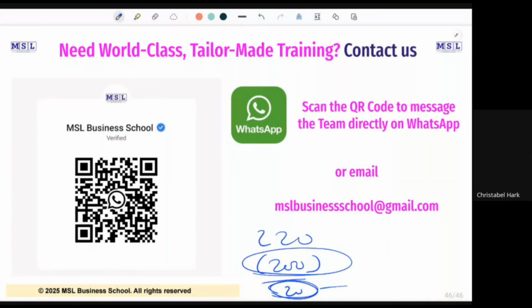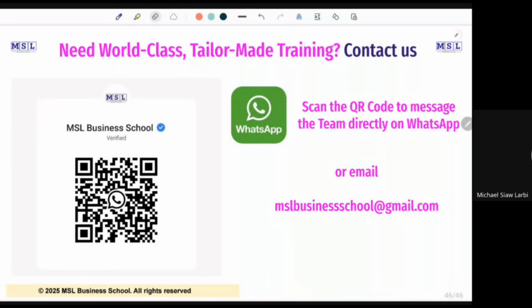Christabel: Please, I want to know the difference between the cost of sales and the operating expense. Okay, cost of sales are your direct cost of doing business. In the example I gave, if you joined early enough, the lady selling the wigs, the cost of the wigs that she bought to come and sell is her cost of sales.